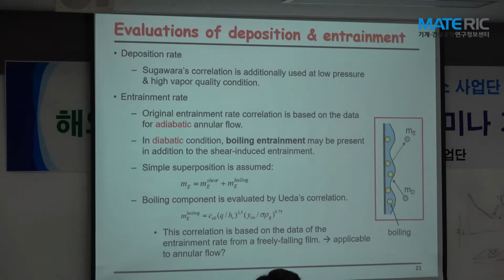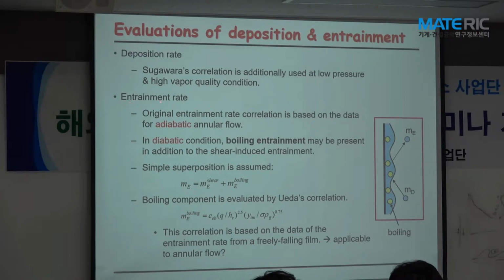The next one, some more. The deposition rate: basically I use Govan's and my correlation based on Govan's data. But there was some expression data available, therefore Sugawa's correlation was also combined.